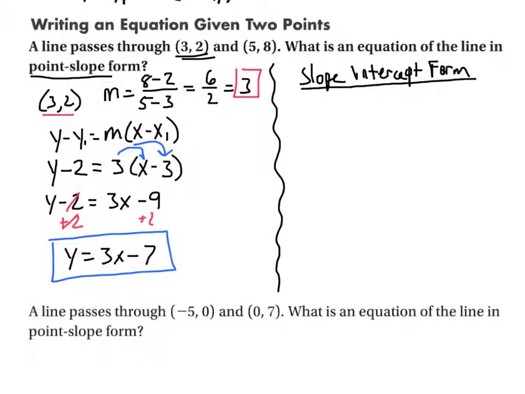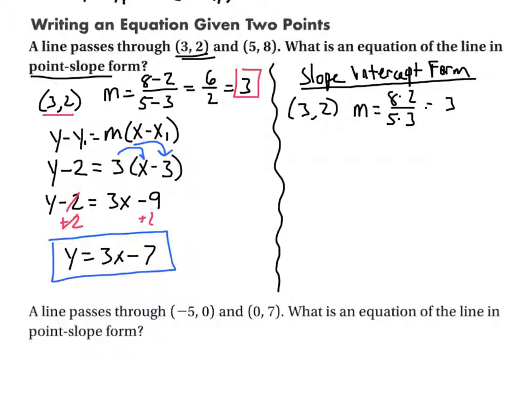We have 2 points. Neither of those points are the y-intercept. So that means we're going to, again, have to pick a point. I'll use the same point Carly picked for us, 3, 2. And again, we're going to have to find our slope. So again, we take 8 minus 2 over 5 minus 3, and we again get 3 as our answer.